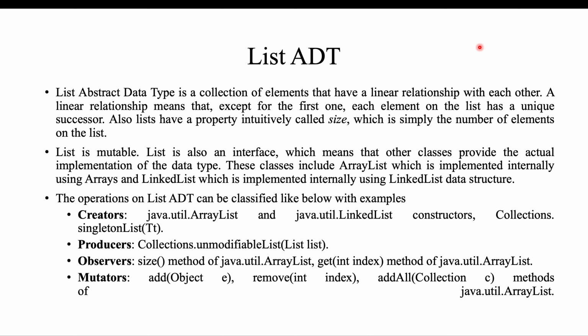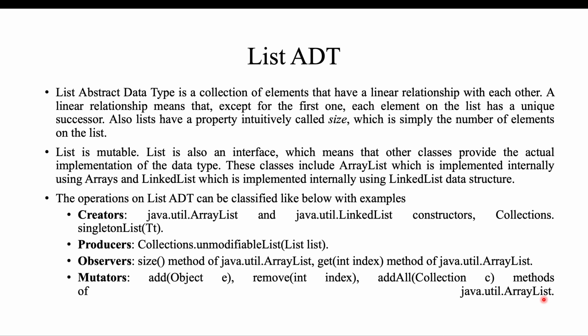These are some of the different methods under these operations, which help us to easily do the operations. Then observers, again the size method of java.util.ArrayList and the get index method of java.util.ArrayList. And mutators will be used to add or remove an element.